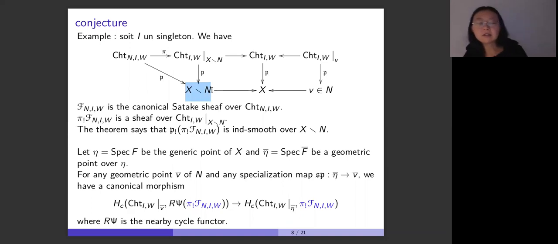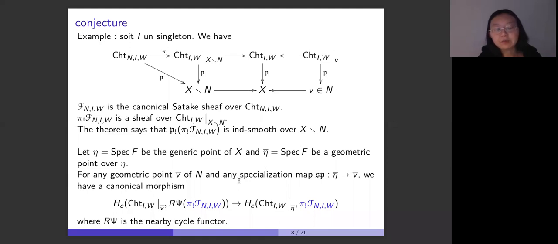Now we are interested in what happens on the level. So now we go further. Let eta be the generic point of X, and we take eta bar a geometric point over the generic point.